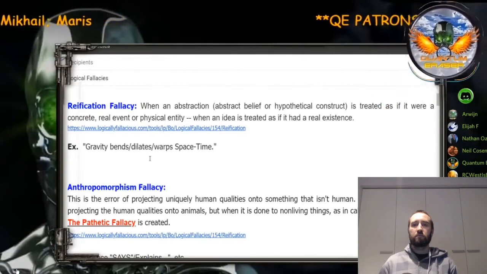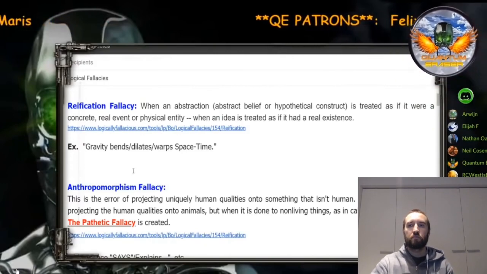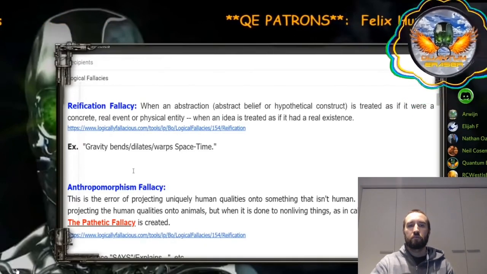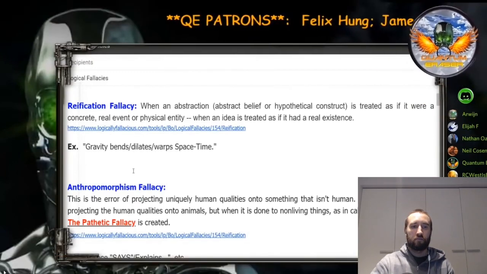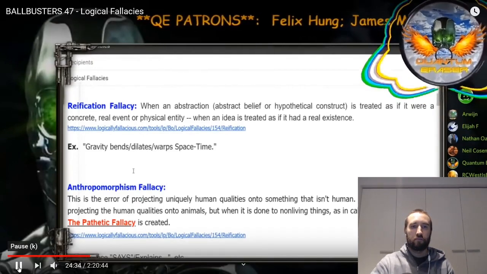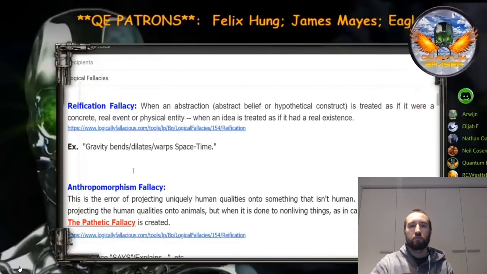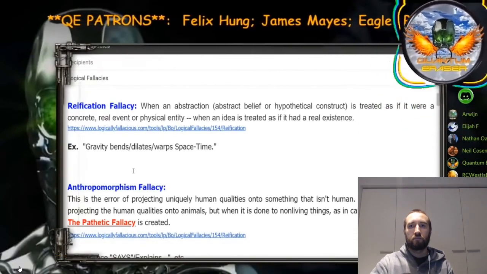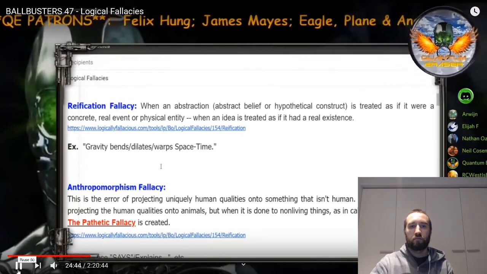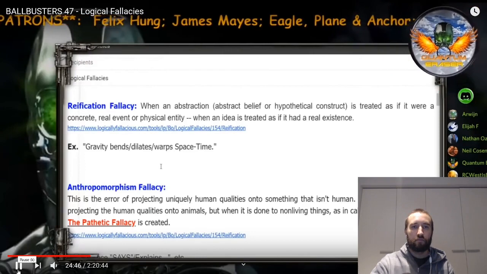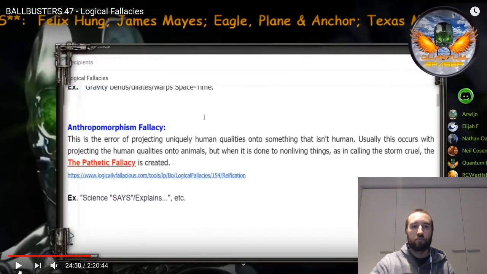When an idea is treated as if it had a real existence. The poster child, gravity bends, dilates, warps space-time. Well, why is this a reification? Well, because space, length, width, height is a concept, and time is also a concept. So you can't bend physically non-physical concepts. So that's what makes it a fallacy.